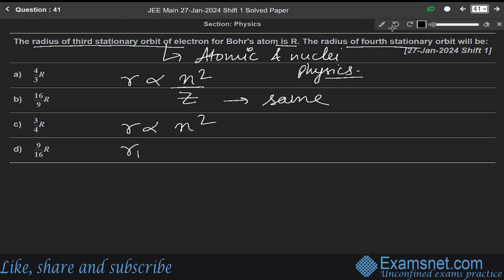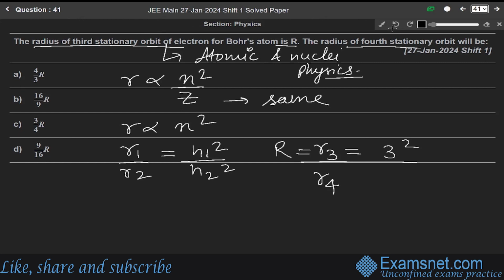So r1 over r2 equals n1 square over n2 square. The third stationary orbit radius is capital R, so r3 corresponds to 3 square. The radius of the fourth stationary orbit corresponds to 4 square, and we have to find the value of r dash.